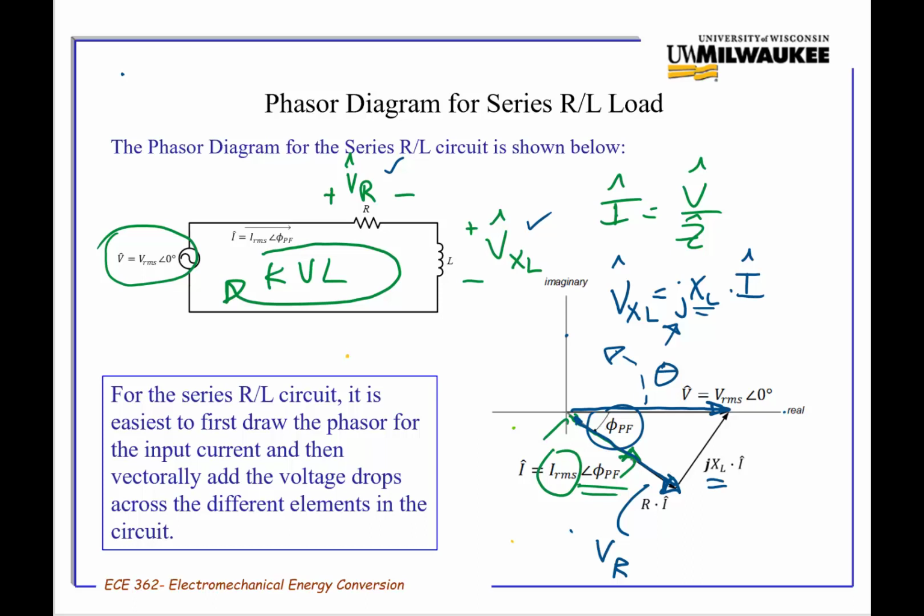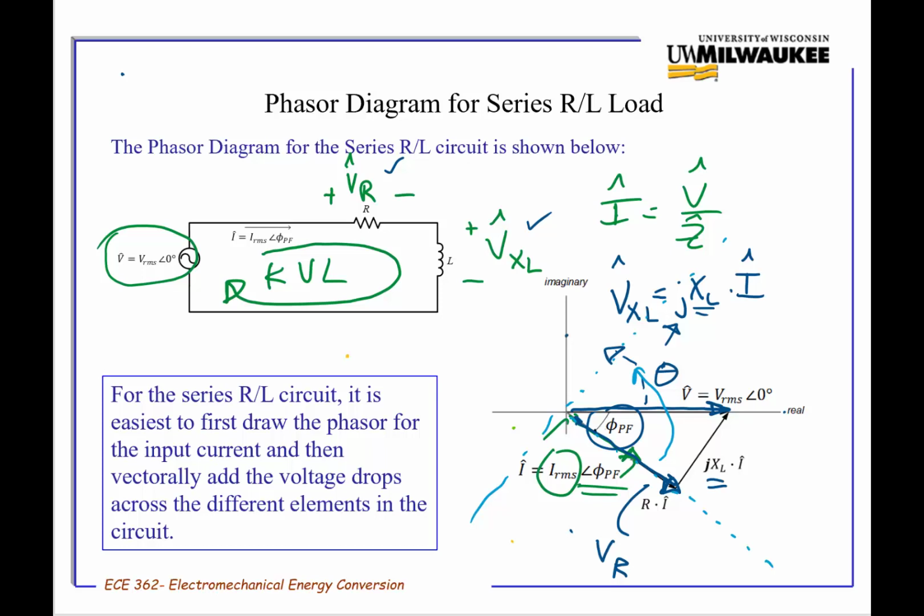We can do the same thing. Try to explain this. We've defined the power factor angle, so we really know that there's an axis along which the current is lying, the phase current. 90 degrees shifted from that axis, we create another axis.